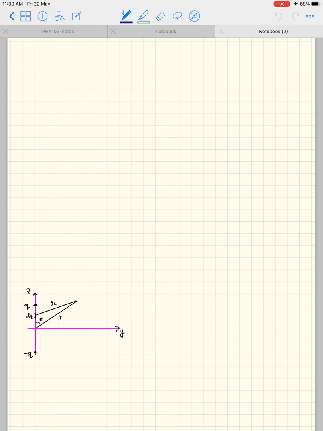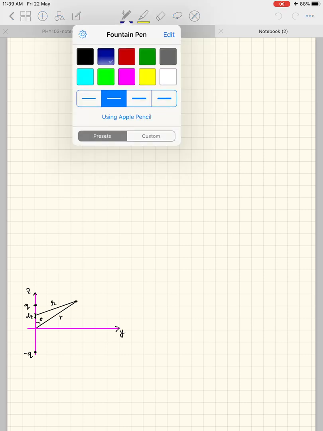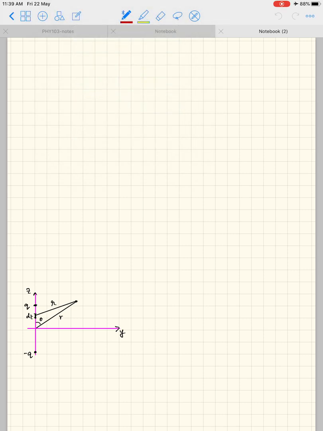So approximation 2 is d is much less than c by omega.